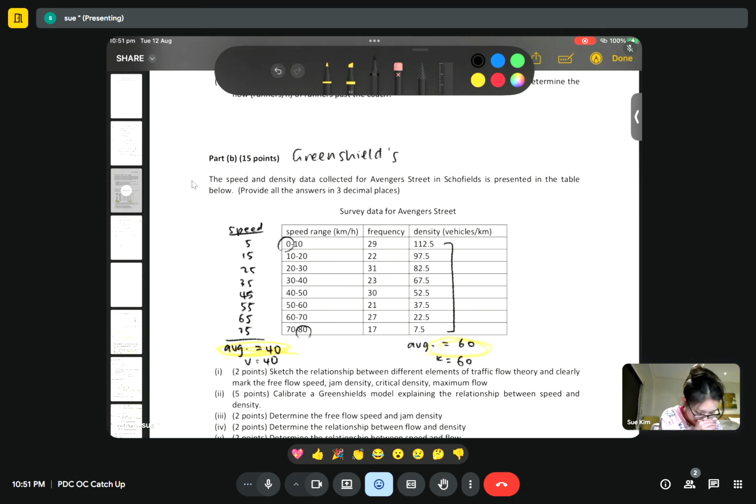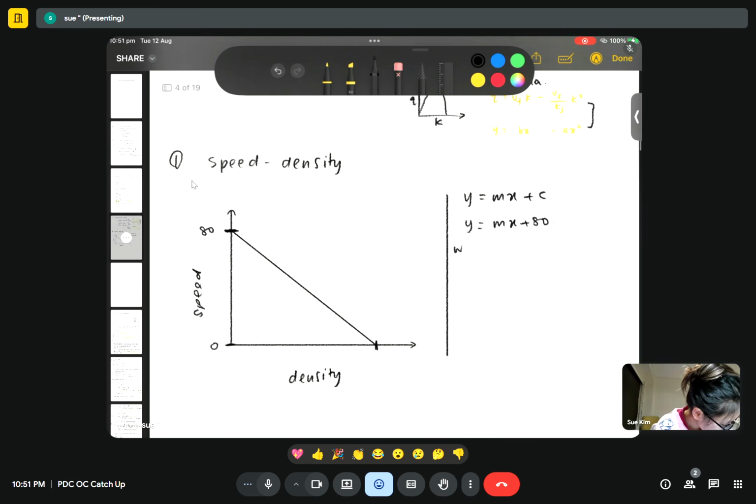And then, subbing those in, since speed is v and density is k, this is equivalent to saying when y equals 40, x equals 60.